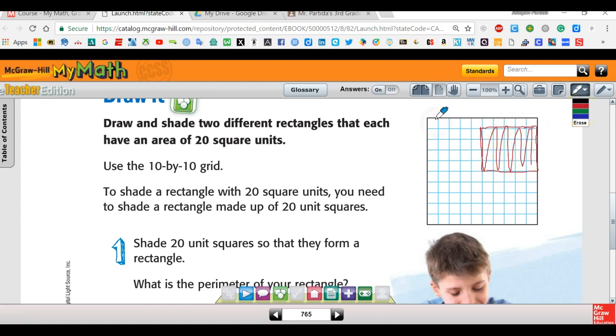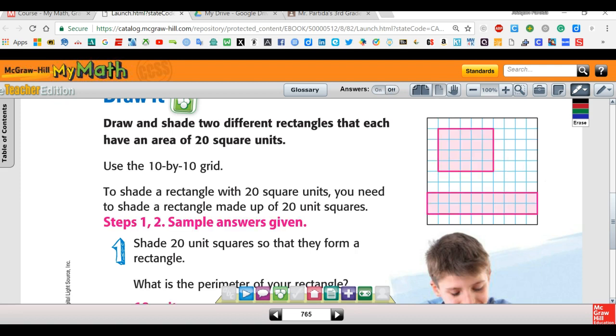I did one with 10 and 2, meaning one length is 10, the bottom is 2, altogether is 20, the area. That's the area on the inside. The grid is 10 by 10. You told me that 4 times 5 equals 20.